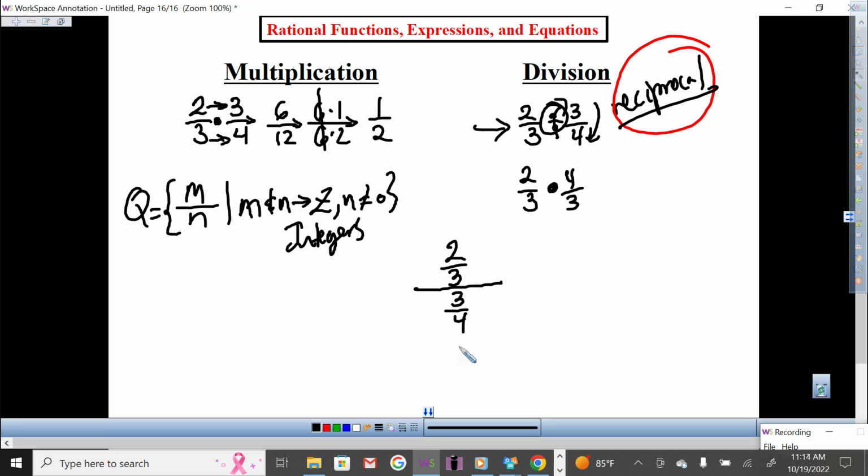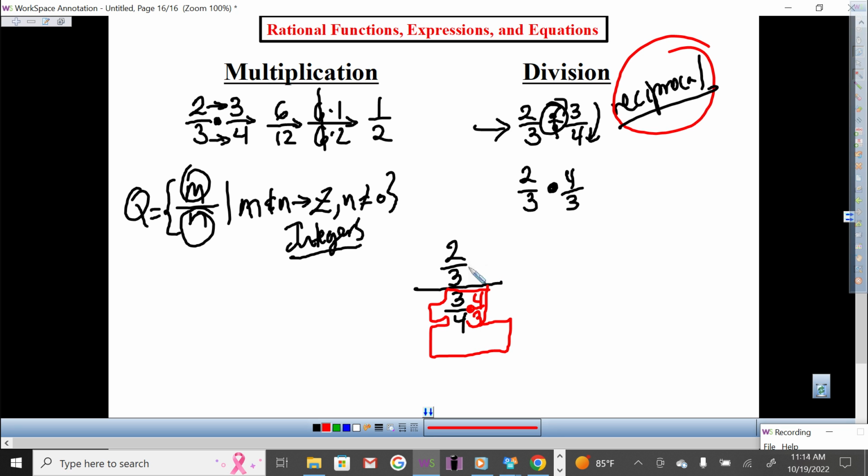Doesn't that look weird? Why? Because the definition says that the denominator and the numerator need to be what? Integers. So can we have a fraction? No. So how can I get rid of that fraction? Well, what can I do to that fraction to make it the simplest number of 1? Multiply times what? The reciprocal.